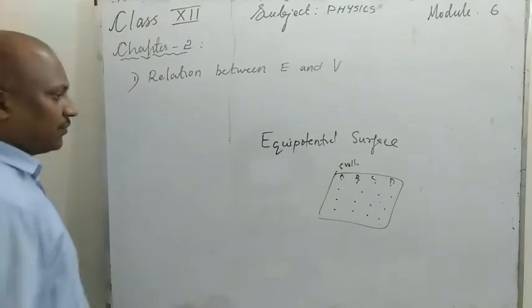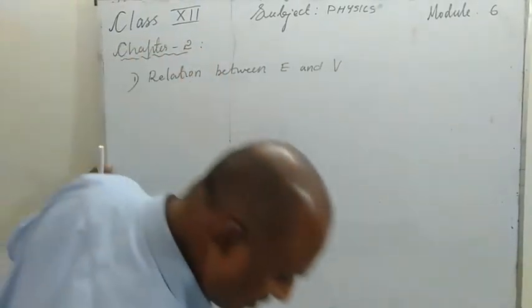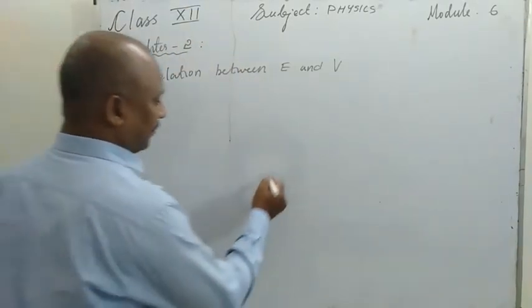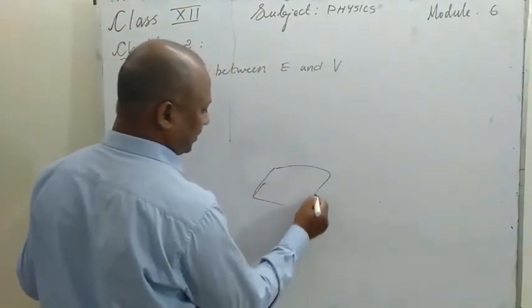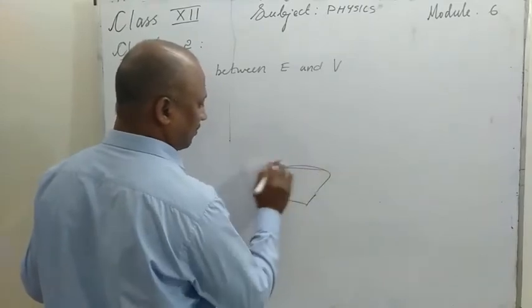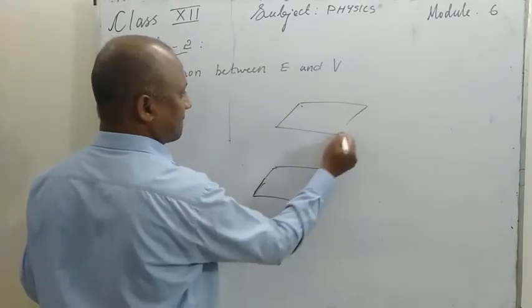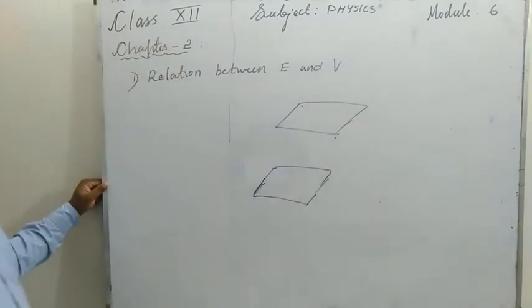So I'm going to imagine 2 different equipotential surfaces. One equipotential surface here, with a 3D appearance. We need a 3D appearance, so I'm making it like this. Another equipotential surface here.